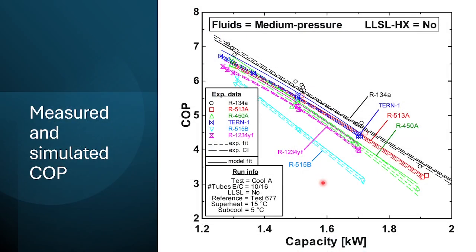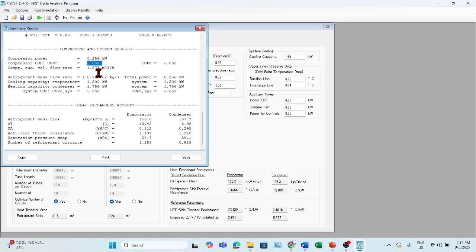So here we can see our 513A results are given in red color, and at the capacity of 1.5 we can see the experimental result is around 5.6 COP. So we can see it is giving the value of 5.8, which is a little bit more than the experimental results, but it is still in the range of 5% error.